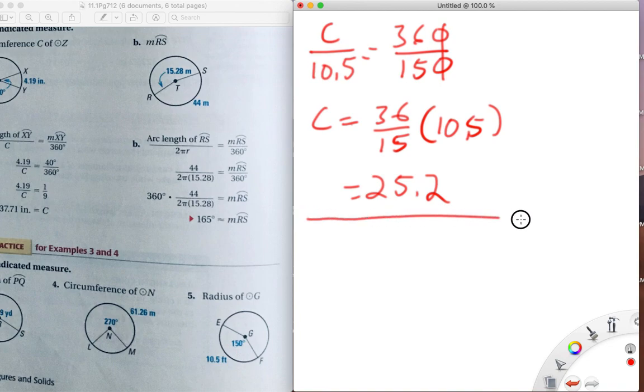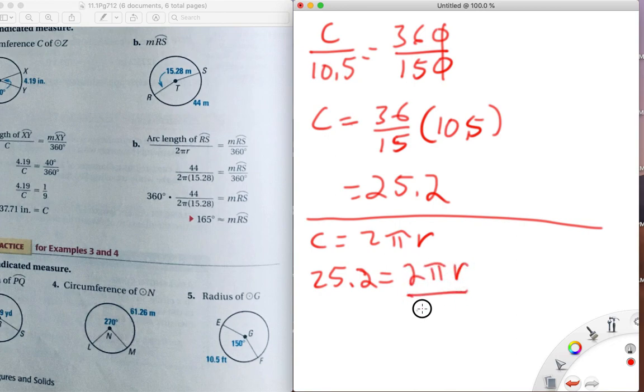They want me to find the radius. So I know that circumference is equal to 2 pi r. I know that my circumference is 25.2. So I'm going to divide both sides by 2 pi.